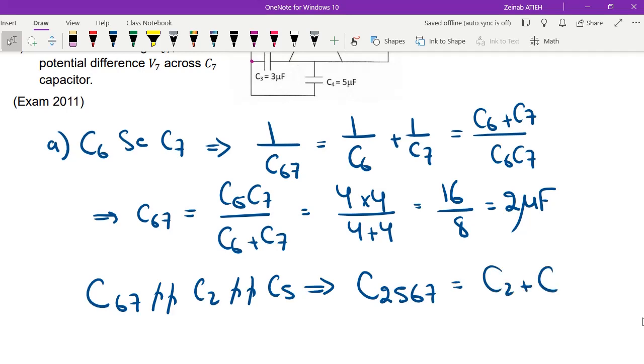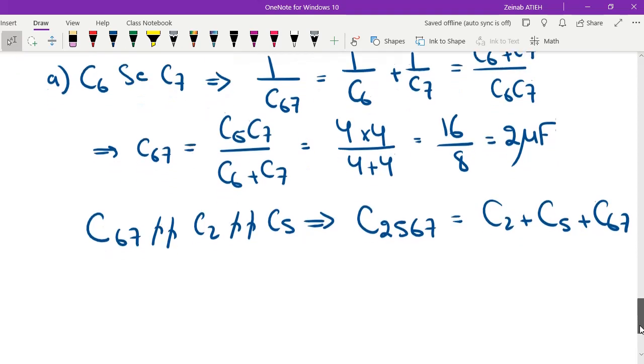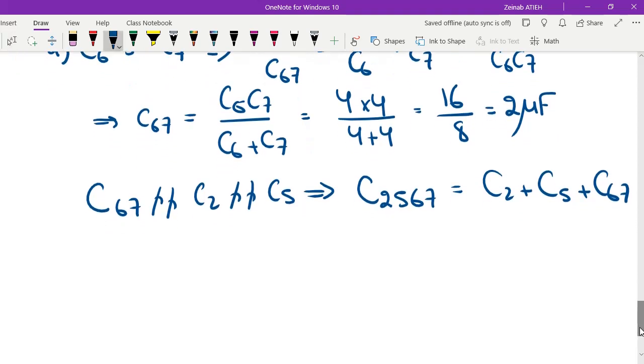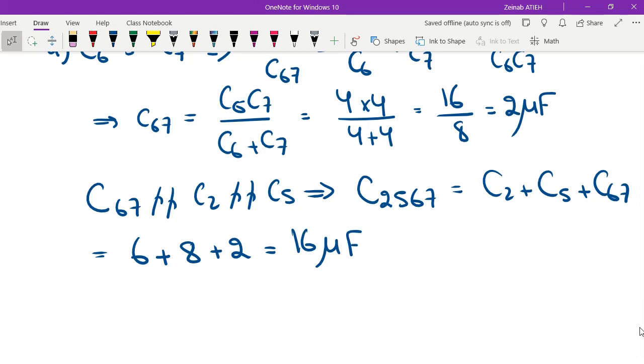It's equal to C2 plus C5 plus C67. You can name it whatever you want; I usually name it with the letters. We just add them. C2 was 6, C5 is 8, and C67 we found now is 2, so all of them will give us 16 microfarad.